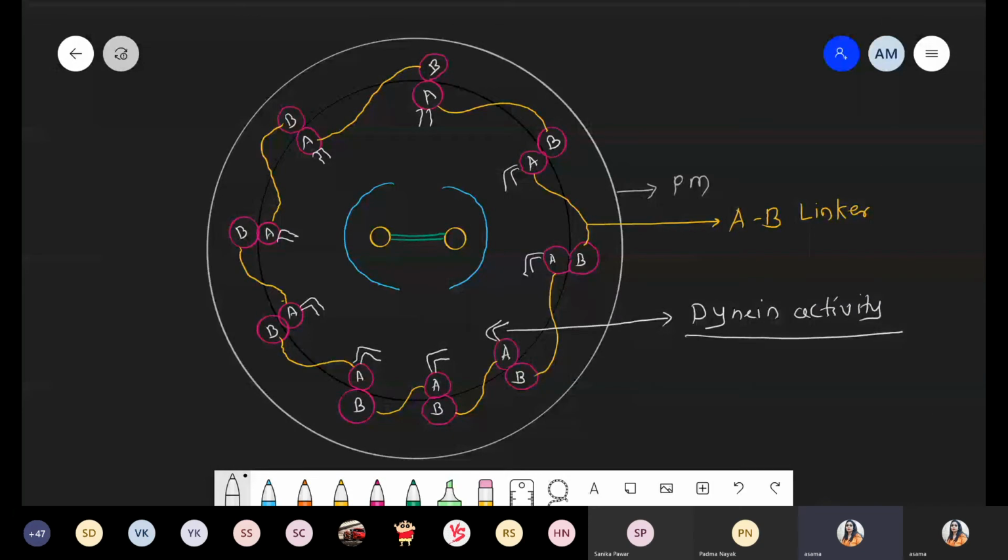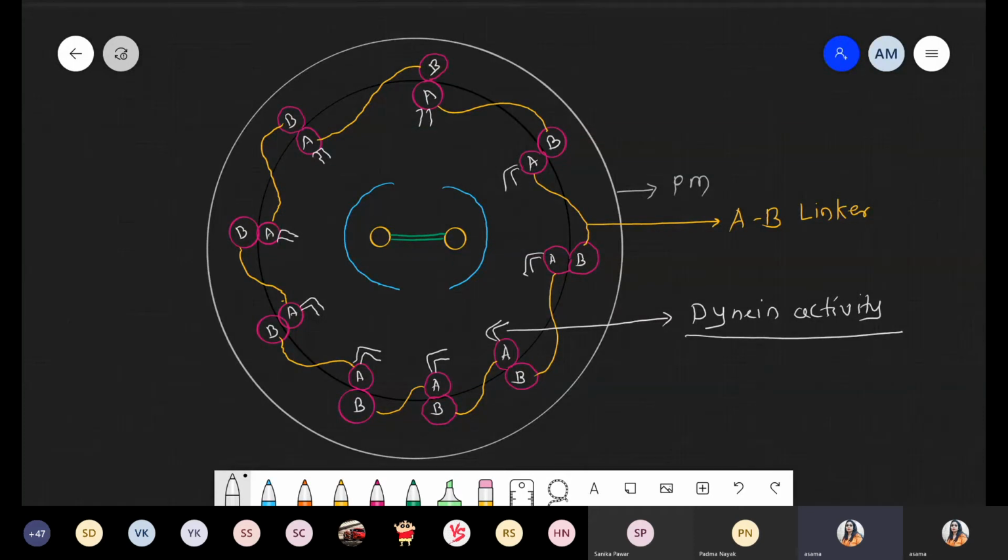Once dynein gets petrol, gets diesel, meaning ATP, that dynein gets activated, it activates A and B, and when the AB microtubule gets activated, the entire structure of the flagella and cilia starts rotating.